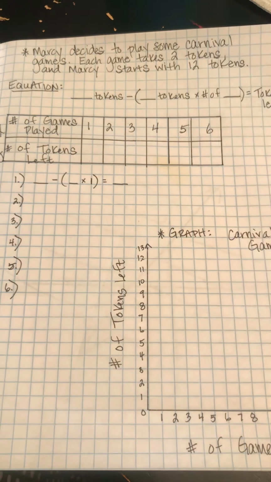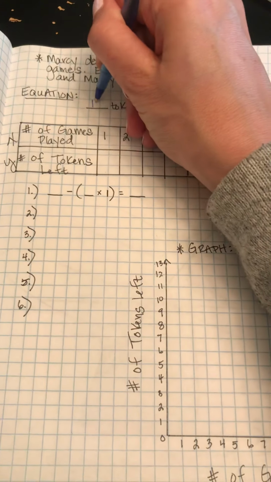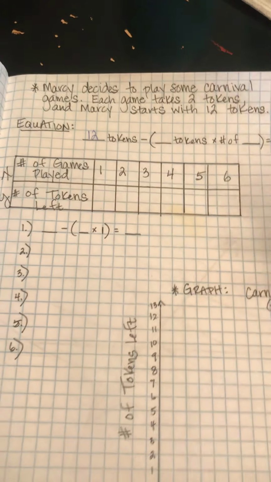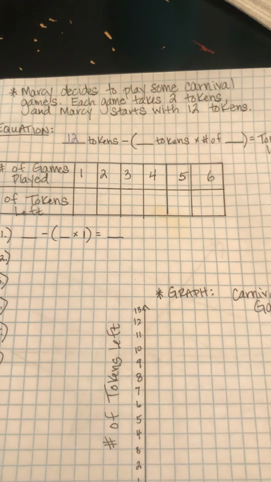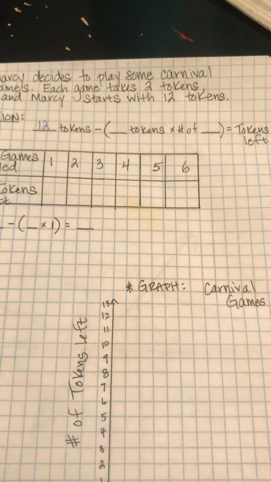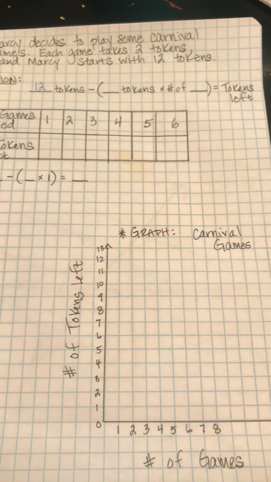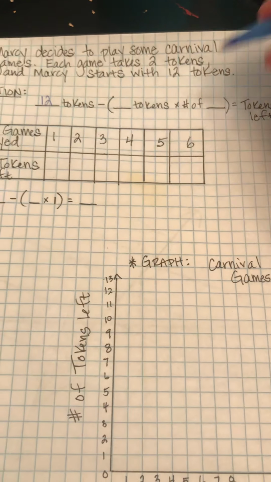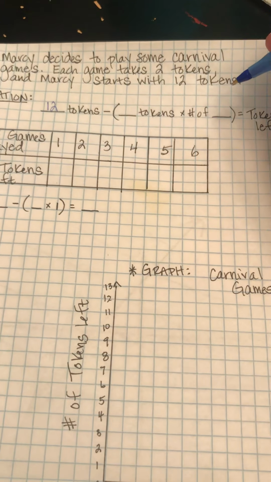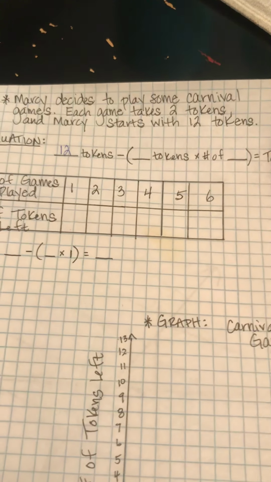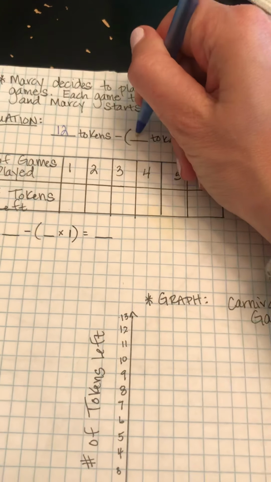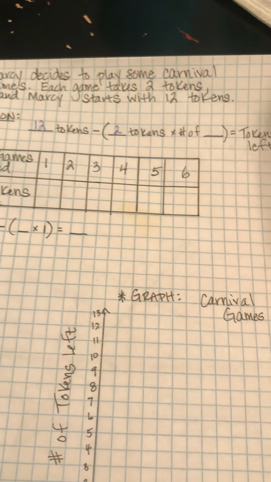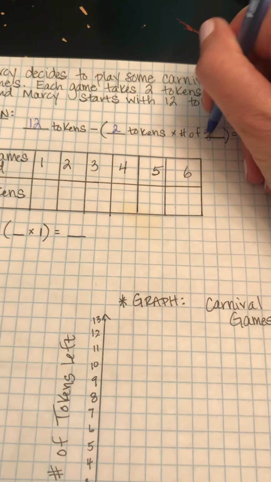The problem told us that she started with 12 tokens. So that's kind of like her total amount. And then as we go playing games, we're going to have to be taking away tokens for the games that she plays, right? So each time she plays a game, she uses up how many tokens? 2. And then you simply multiply that by the number of games.